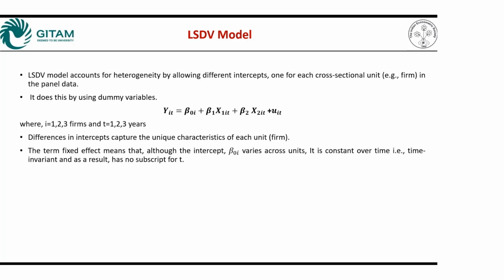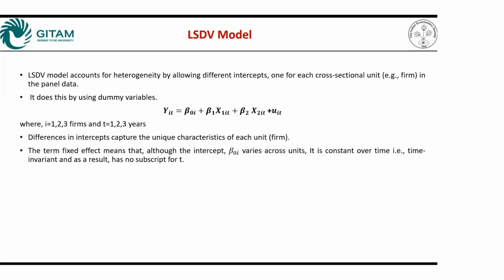That will be seen in your intercept value, right? Now, the difference in intercept captures the unique character of each unit that we have. The term fixed effect means that although the intercept varies across units, it is constant over time, or time invariant. As a result, it has no time subscript.